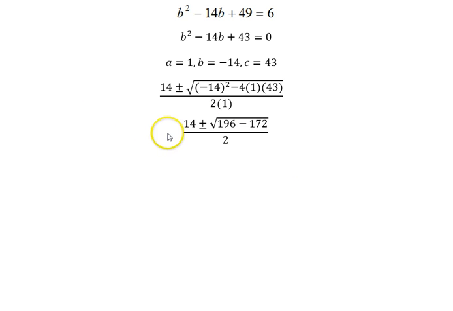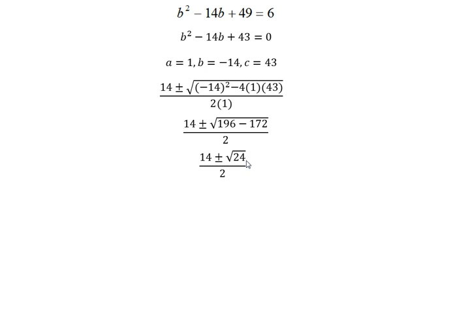So now I'm going to do 196 minus 172, and that is 24. So I'm going to take the square root of 24. So I have 14 plus or minus the square root of 24, divided by 2. Now I have to evaluate the square root of 24. I don't know what the square root of 24 is, so I have to get a calculator.